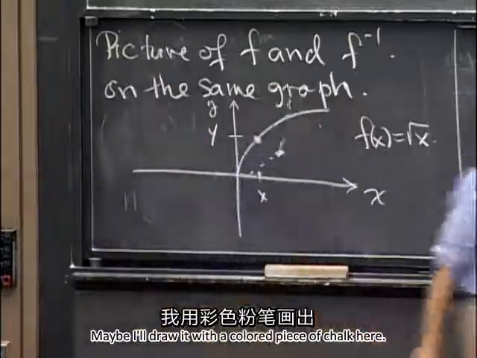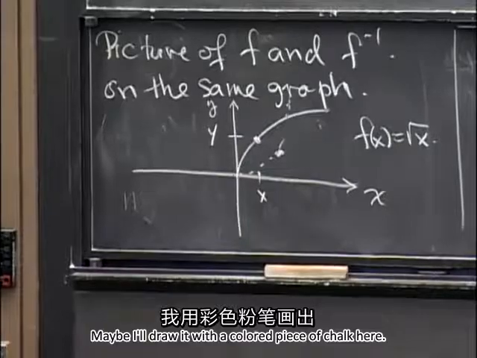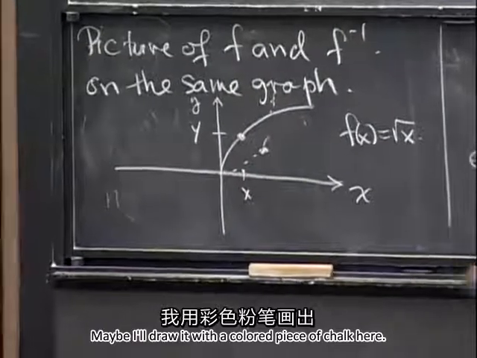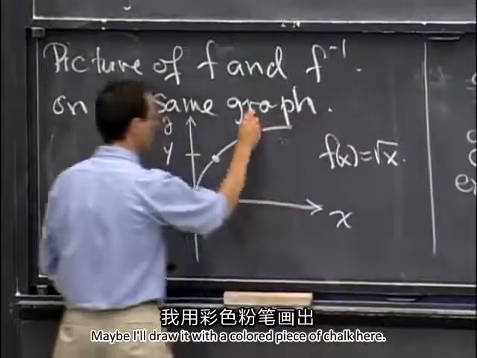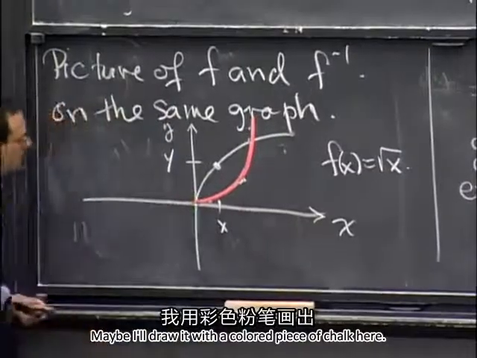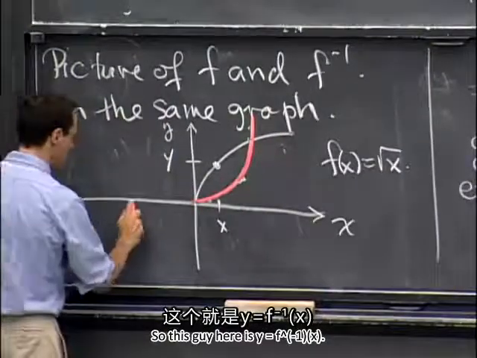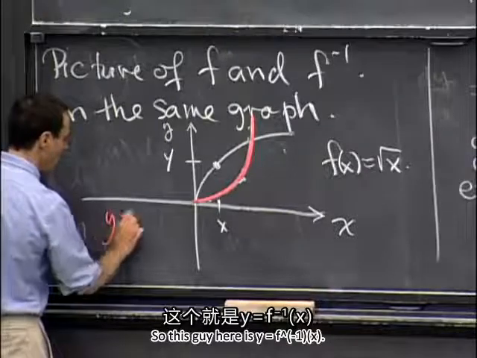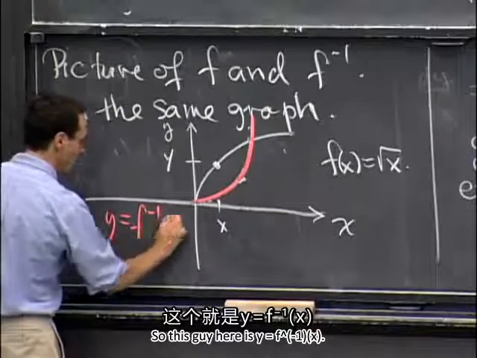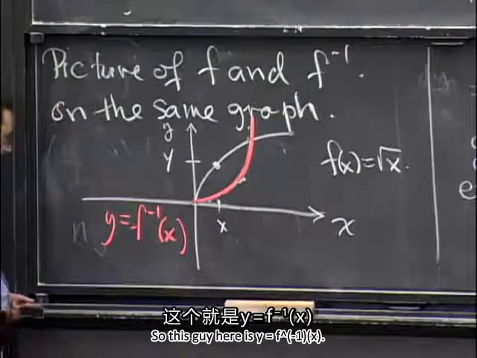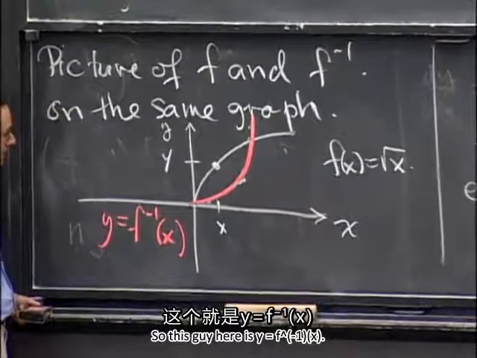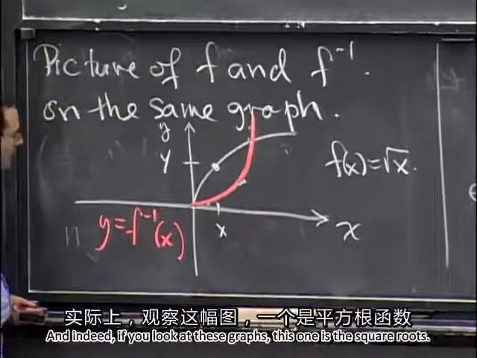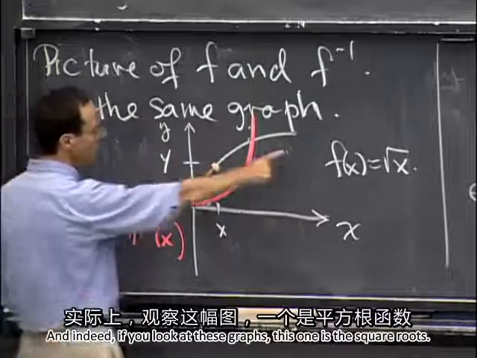Maybe I'll draw it with a colored piece of chalk here. All right. So this guy here is y equals f inverse of x, right? And indeed, if you look at these graphs, this one is the square root.